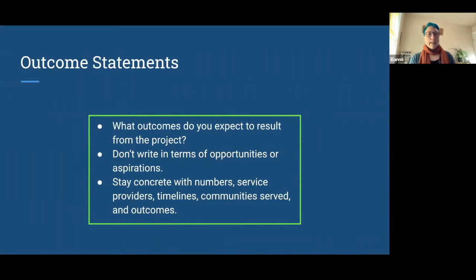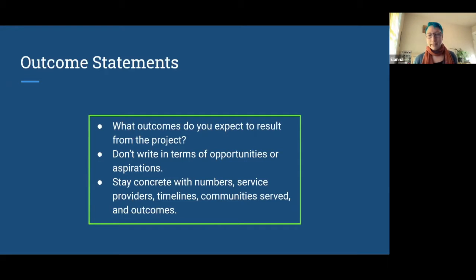More so, stay concrete with numbers, service providers, timelines, communities served, and outcomes. So you can show what's been achieved in the past and how you will use some of those achievements and benchmarks to move forward in your current projects, and use the data and statistics that you already have that can prove that you have achieved the goals and made a difference in the communities that you serve in the past, and you will continue to do so.